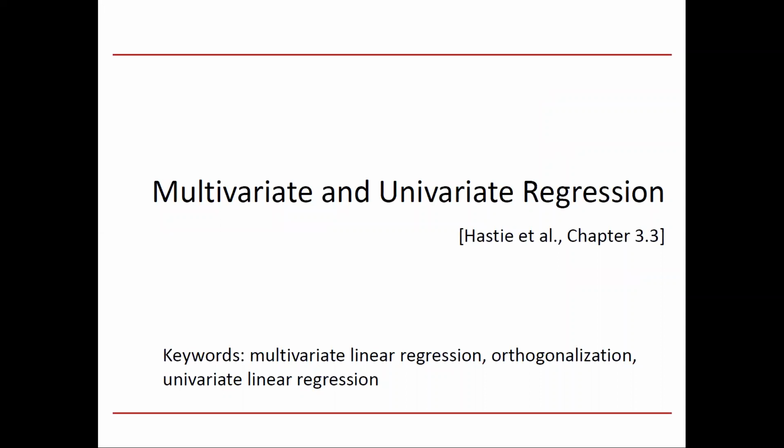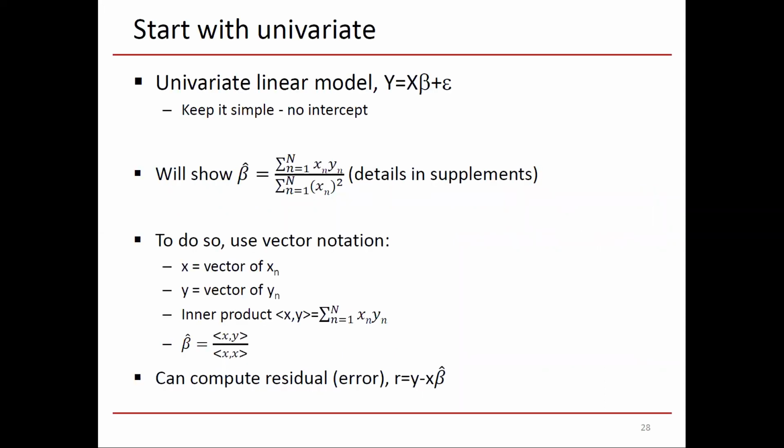So now, as I said earlier, after providing a motivating example and explaining least squares, I want to move back to a univariate case where we have a single explanatory variable, and then I'll return to the multivariate situation. So here we have y equals x beta plus epsilon. X is going to be a vector of observations.